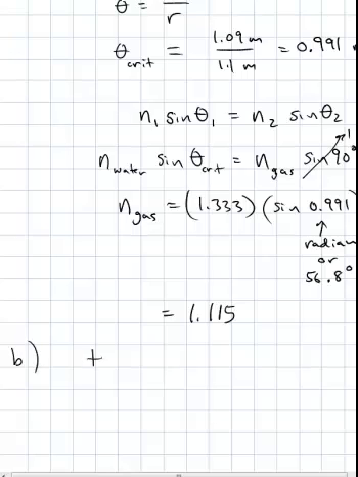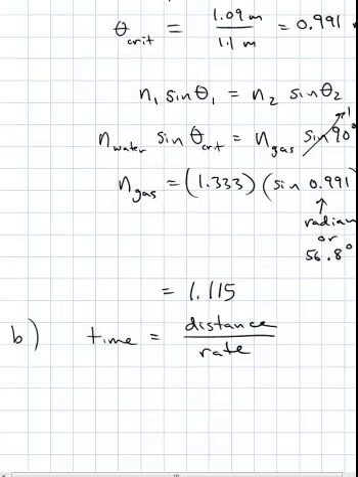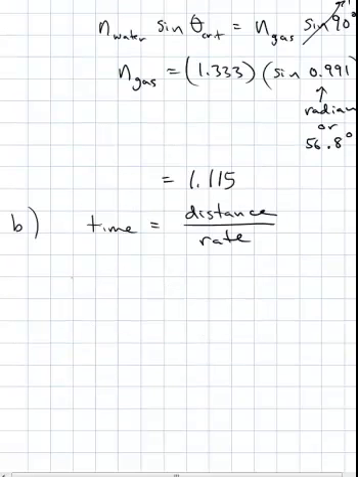Of course, we know that the time is going to be the distance over the rate. And so we really have two different cases here. In the first case, S is less than 1.09 meters.